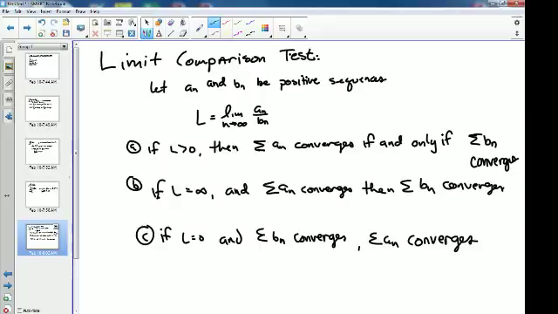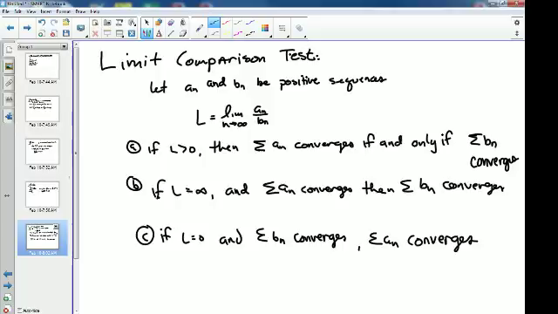I would say you could do the contrapositive. Remember that? So for C, if L is 0, if A sub n does not converge, B sub n does not converge. Right?